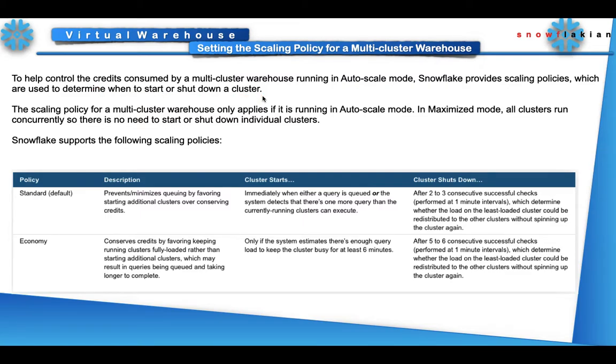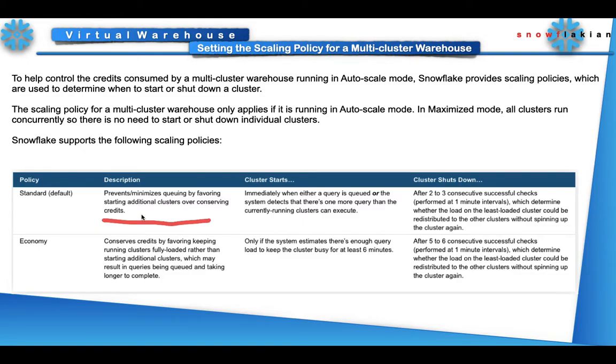Okay, let us see how. As said, we have two policies. One is the standard policy and one is the economy policy. In the standard policy, this minimizes queuing by favoring starting additional clusters over conserving credits.